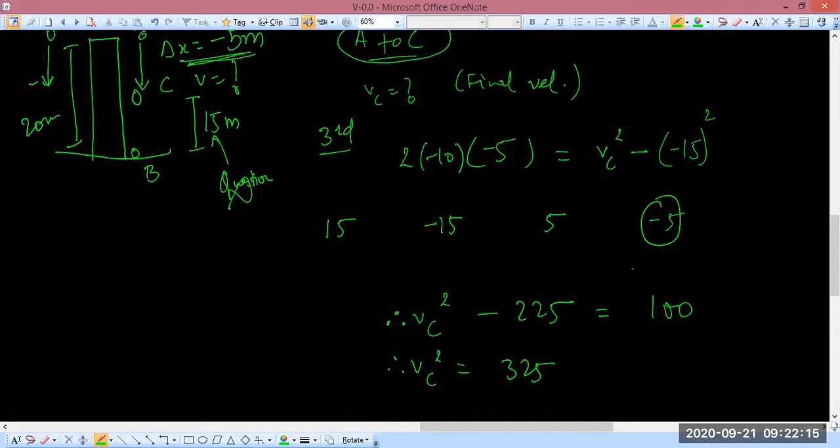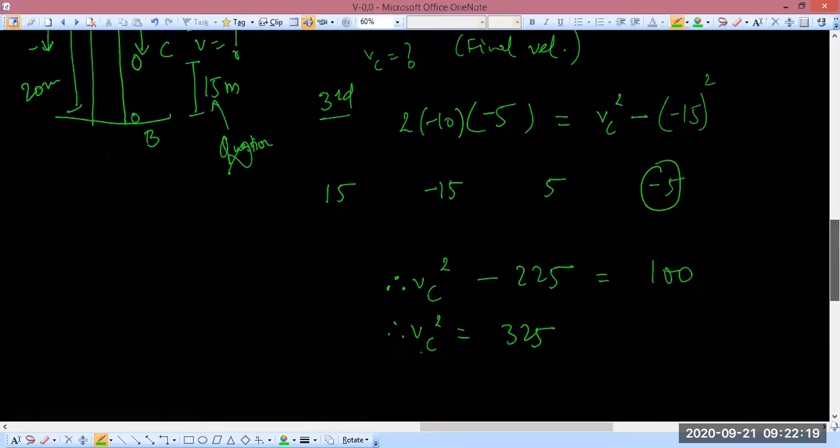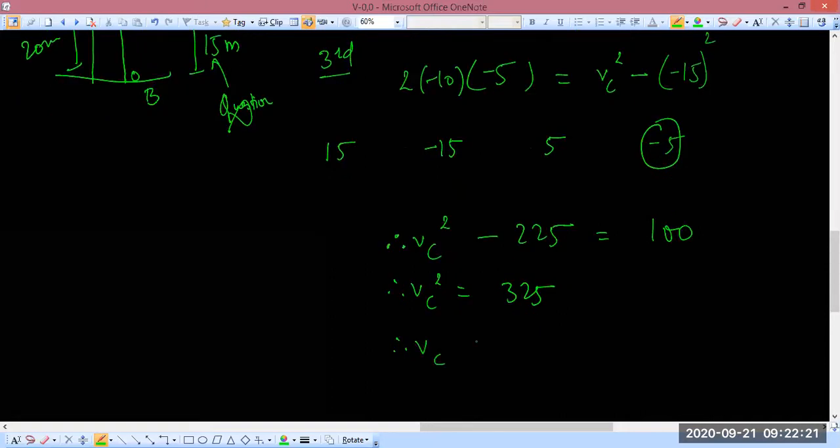So that gives me VC is nearly minus 18 point something, because 18 square is 324, isn't it? Yes, 18 square is 324.